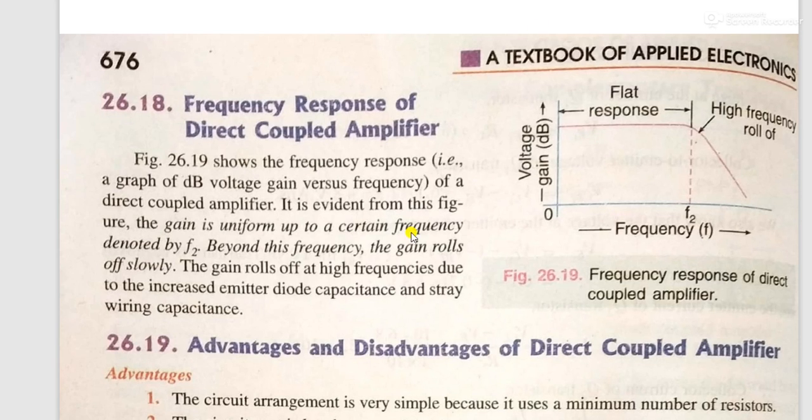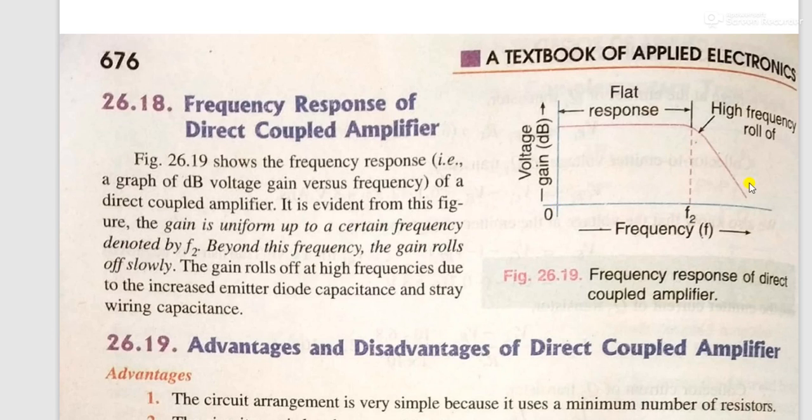Now for the frequency response. This graph is the frequency response of a direct coupled amplifier. This figure shows the frequency versus voltage gain, a graph of voltage gain in dB versus frequency in Hertz. It is evident from this graph that the gain is uniform up to a certain frequency denoted by F2.